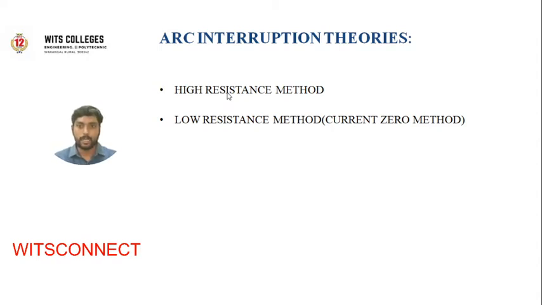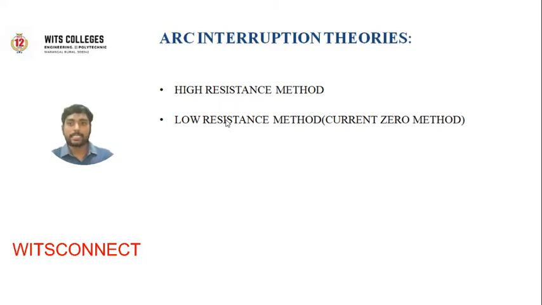Simple గా రాసుకోవచ్చు, R is equal to rho L by A. అప్పుడు ఏమవుతుంది? The resistance depends on length and area of cross section or medium. By using these things, we reduce the arcing or temperature across the two contacts. Okay, na?